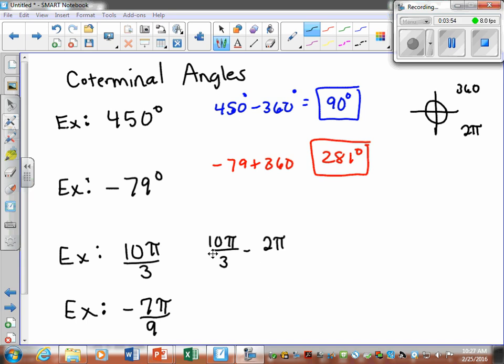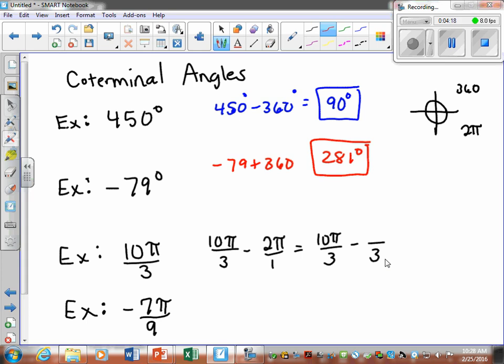But now we're working with fractions, so we've got to go back to some basic algebra, get a common denominator right here of a 3, and then simplify that. So basically, my 10 pi over 3, I'm going to leave it alone because I'm going to get a common denominator of a 3. So if I put that 2 pi over 1 just so it's a fraction, how do you get from 1 to 3?